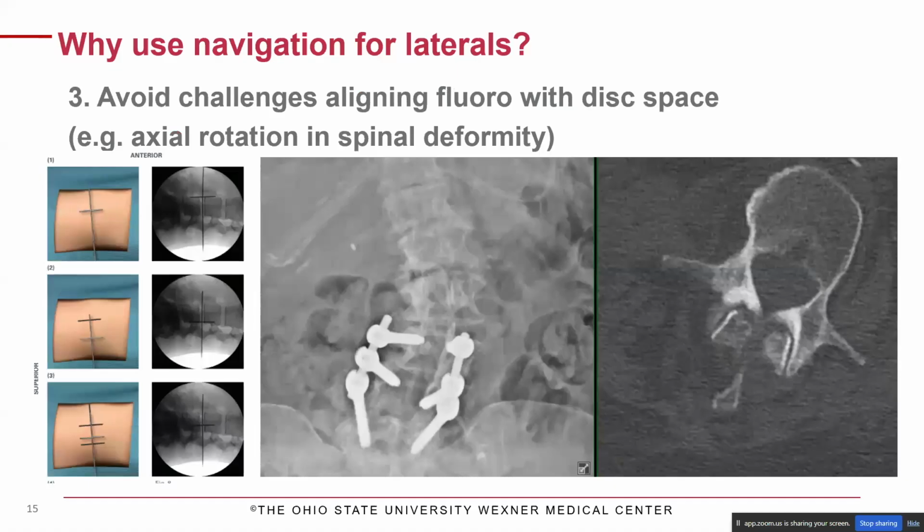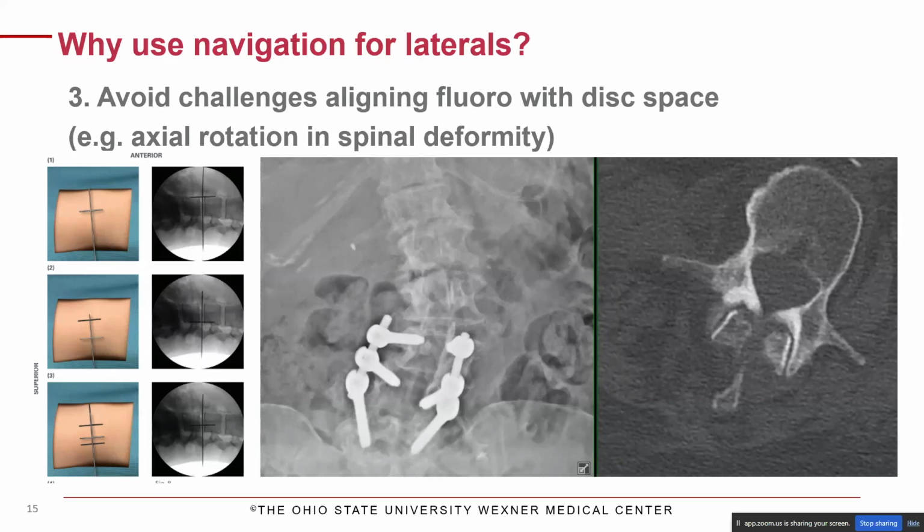Number three is also a fluoro-related concern. I think when you're doing a direct lateral, and you can see this on the left side of the screen, that's from one of the technique guides, it's important to get essentially a perfect shot that allows you to work direct lateral, and that could involve rotating the patient, that could involve rotating the C-arm.